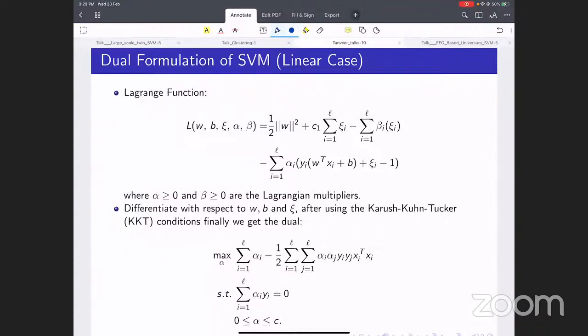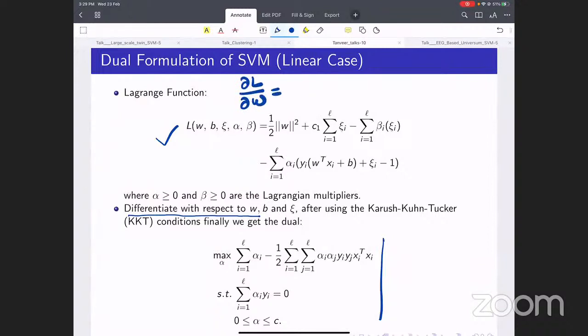I have written that we differentiate with respect to w first, then b, and then xi, and using KKT conditions, finally we get this one. Essentially, when you take the partial derivative of this, suppose I want to find the partial derivative with respect to w.